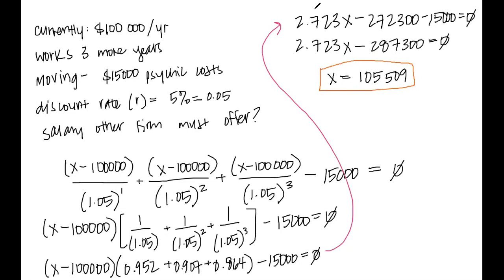So what I said earlier about the incremental earnings part, if we were to plug that x back into this equation, it would be 105,509 minus this 100,000, which then just becomes the difference of earnings, the incremental earnings we need to solve the equation. So it all works out. So you can see there's two different ways to solve this kind of problem for the incremental earnings.